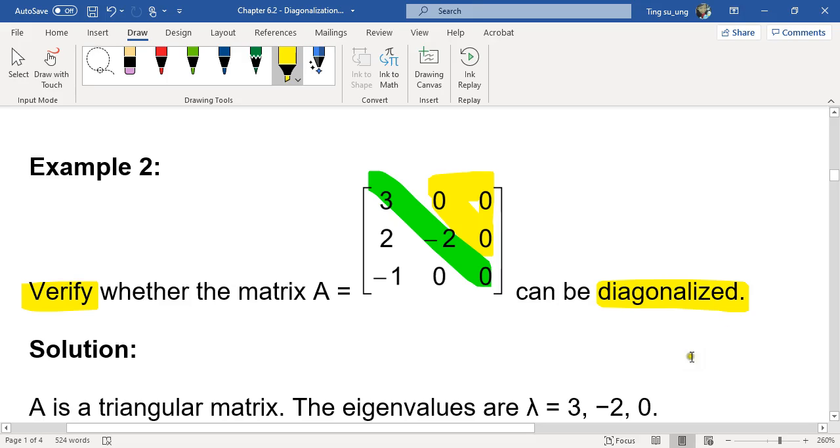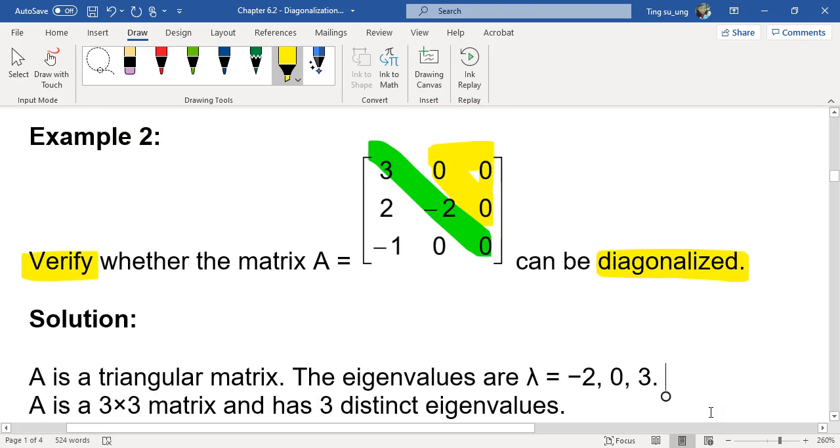Okay, so if possible, I will always advise you, as I said, arrange from small to big. Is it okay? Arrange from small to big. So what does it mean then? Can it be diagonalized?